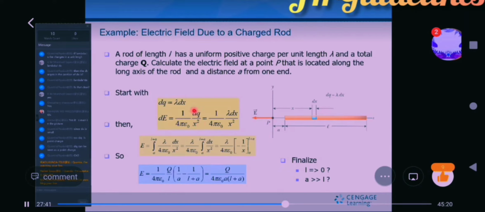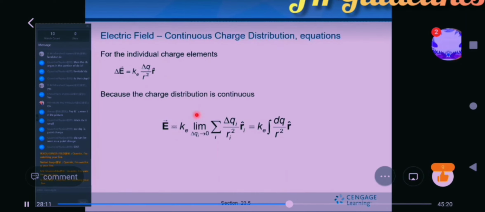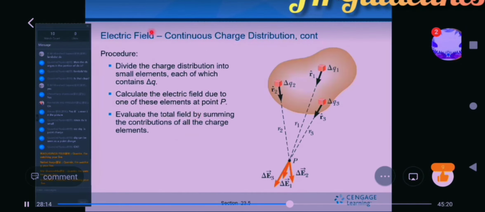Now, like we said, what's dq? dq equals lambda times dx. Which direction will the electric field have for this point charge? It's on the axis, to the negative side.